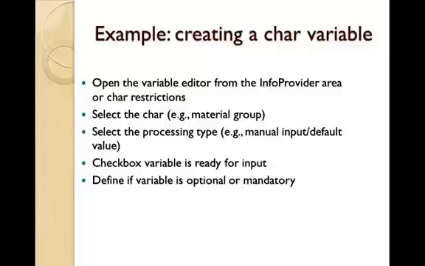First, you open the variable editor from the info provider area, or you can use the characteristic restrictions. You just right click on a particular characteristic, for instance, a material group, if you want to create a variable on that, and then you define the processing type. For instance, for the assignment, you would select manual input default value.